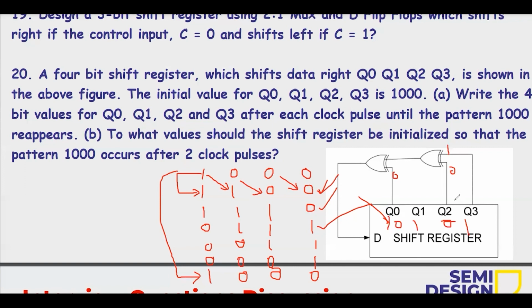So the answer should be 0011. Okay, after 2 clock pulses, 2 clock cycles means 0011.